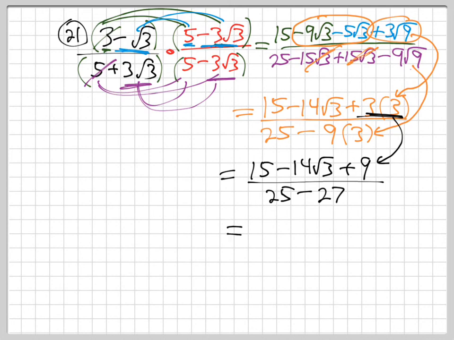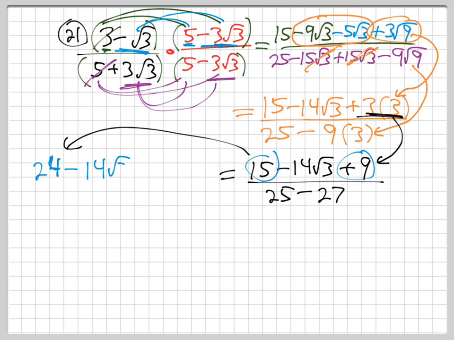This problem keeps going forever, doesn't it? Bring it over here now. And I'm going to say, okay, 15 and 9, 24, minus 14 root 3 over 25 minus 27, negative 2.